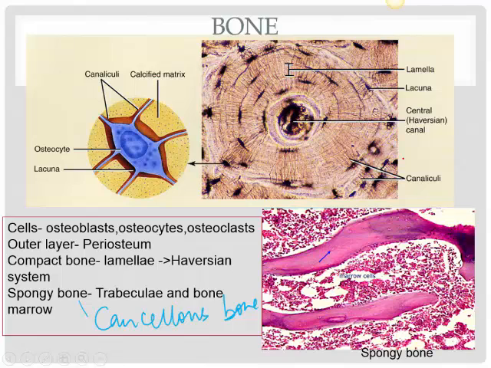So when they lay down bone in concentric circles, each concentric circle is called a lamella. A circle or a concentric plate of bone is known as a lamella. So these osteoblasts will lay down one plate of bone in a circular fashion, and it lays it around a central canal over here which contains blood vessels and nerves and lymphatics.